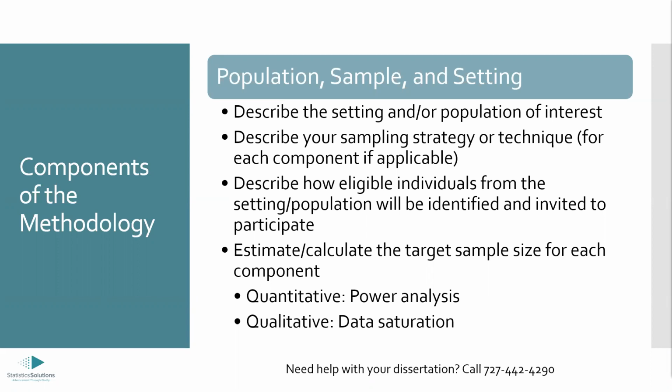So if you do have some kind of eligibility criteria or specific characteristics that you're looking for in your participants that they will need in order to provide you with the appropriate data, you'll need to explain what that eligibility criteria is.